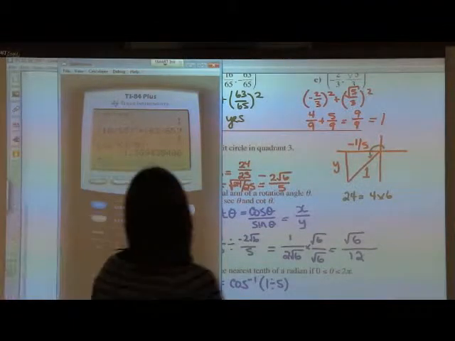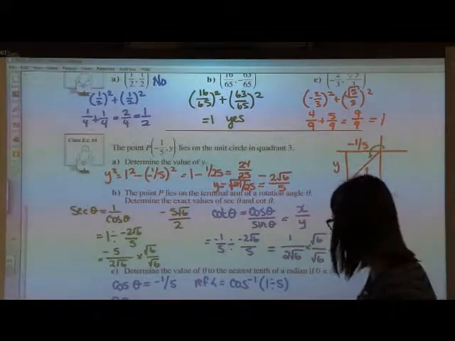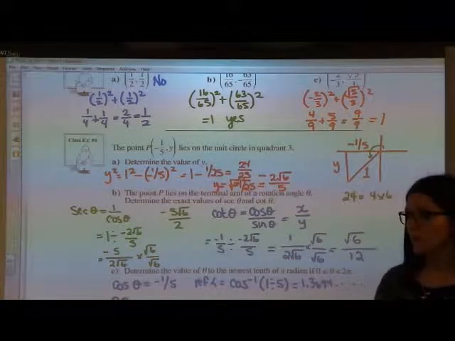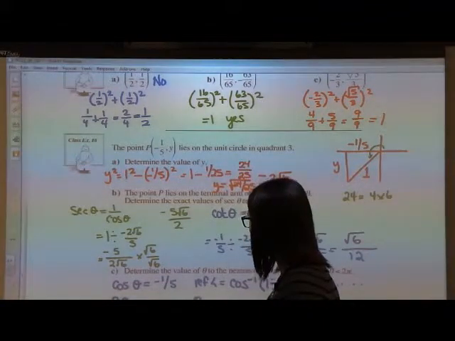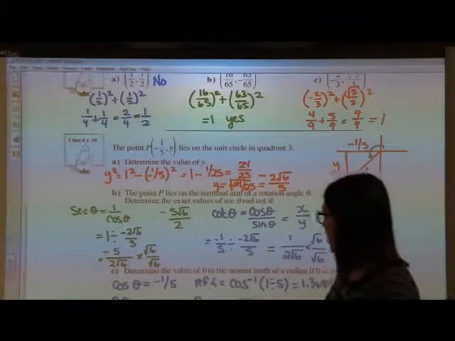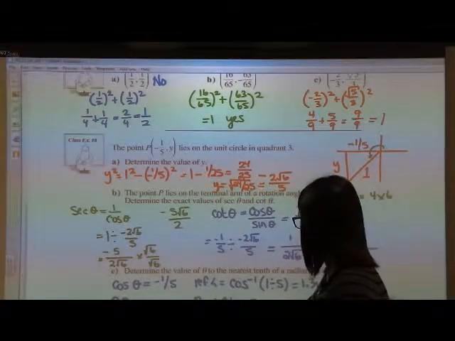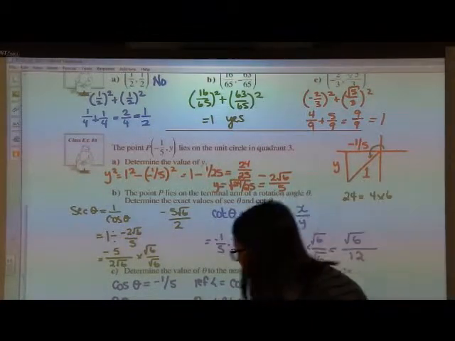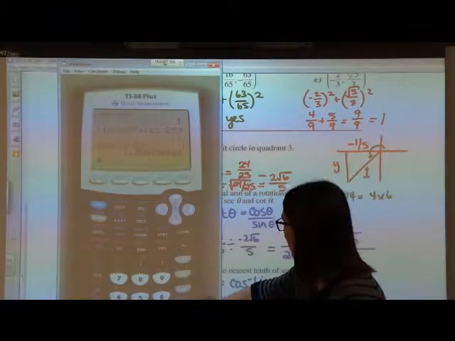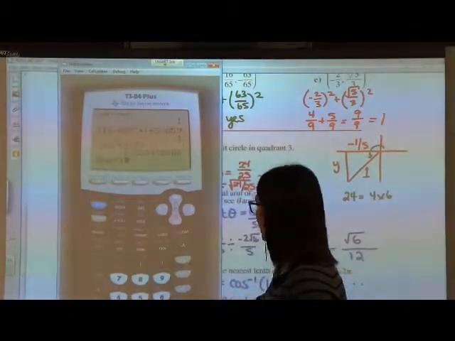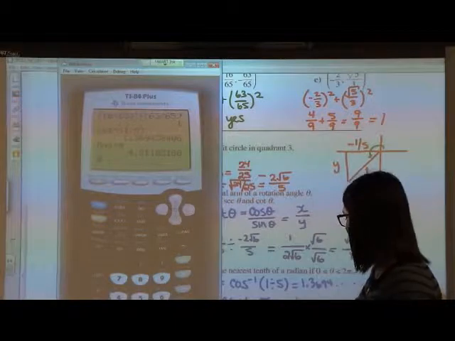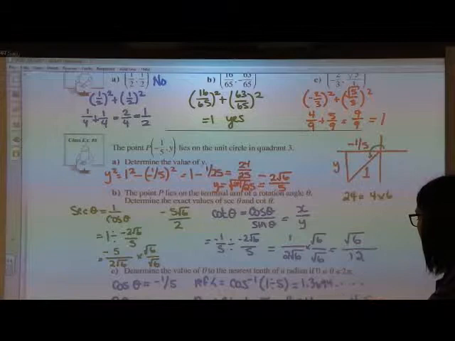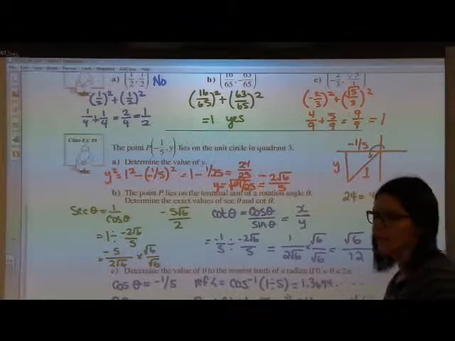My reference angle is 1.3694, etc. So in quadrant 3, I figure out the rotational angle by taking the reference angle and adding pi. So I still have this in my calculator, and then I can go plus pi, and I get 4.511. So I get 4.5 radians is theta.